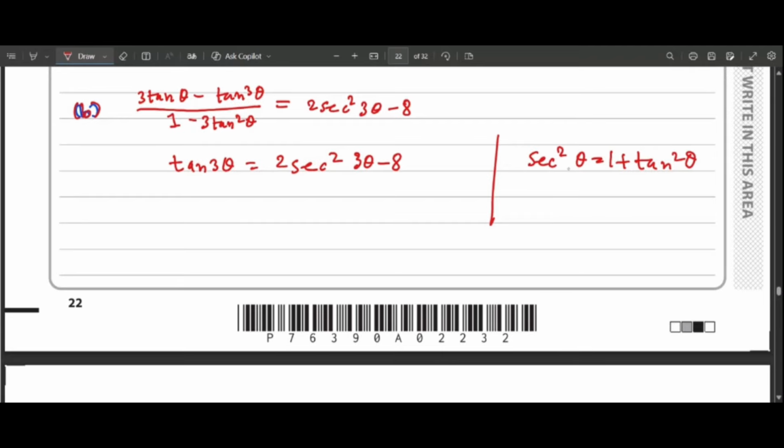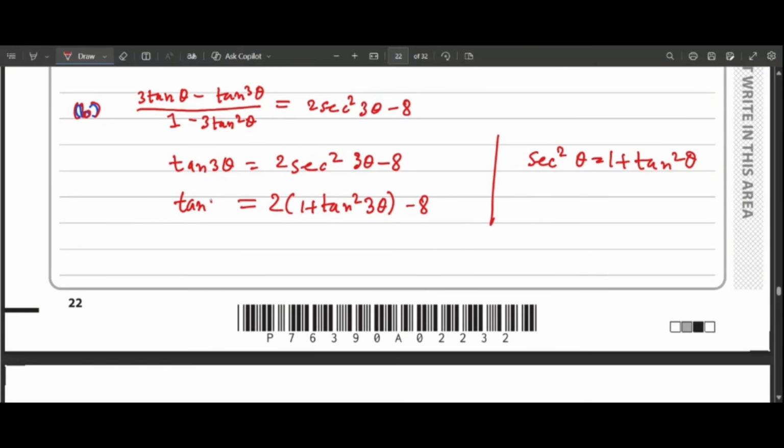We can see from this identity that sec square theta equals 1 plus tan square theta. We see in our expression we have sec square 3 theta. So for sec square 3 theta, our identity would be 1 plus tan square 3 theta. So we can replace sec square 3 theta with 1 plus tan square 3 theta, minus 8.